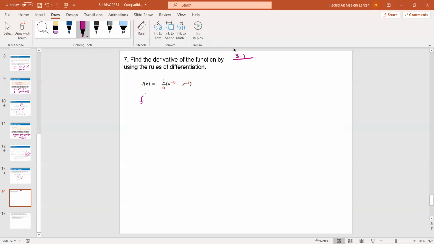So if we want a derivative of this, negative 1/6 is a multiple, so we need the derivative of this, minus the derivative of this one here, right?